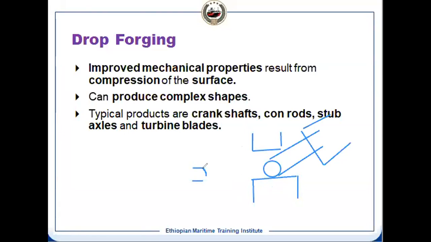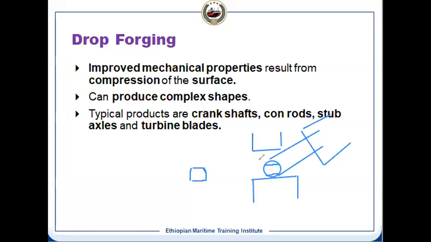Then what will happen? Once it hits, it will become like this shape. The top will become flat, and the sides will become round. It means the top side will get flattened and the bottom side will get flattened. Then you turn it and hit it again.